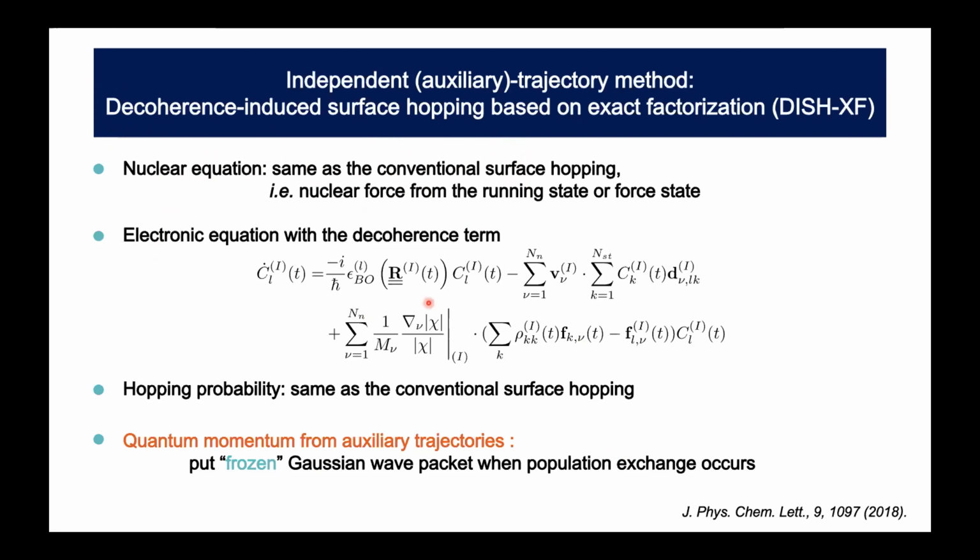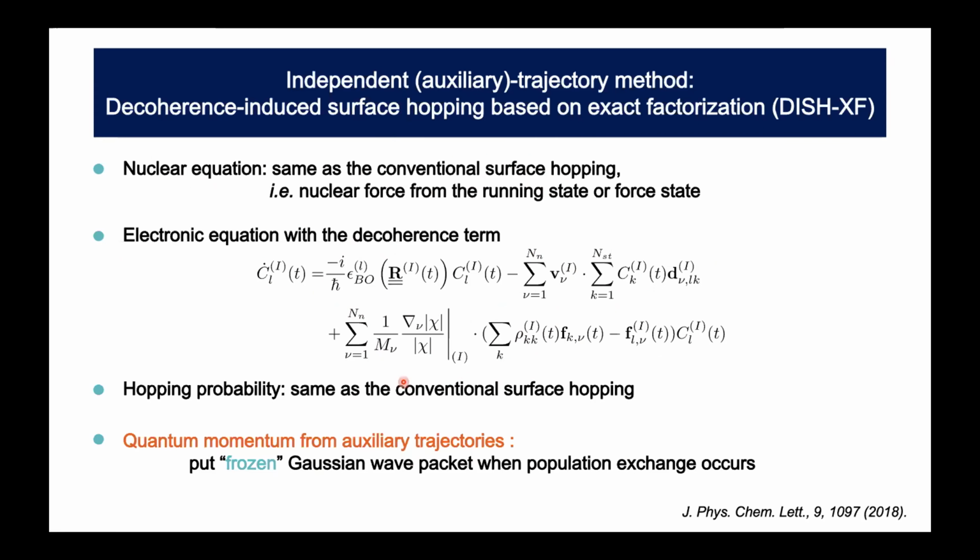We just put this decoherence correction term, which is derived from the exact factorization, in the electronic equation. Based on this one, we have an additional term here, the quantum coherence term. And then we can apply the same technique as surface hopping dynamics.